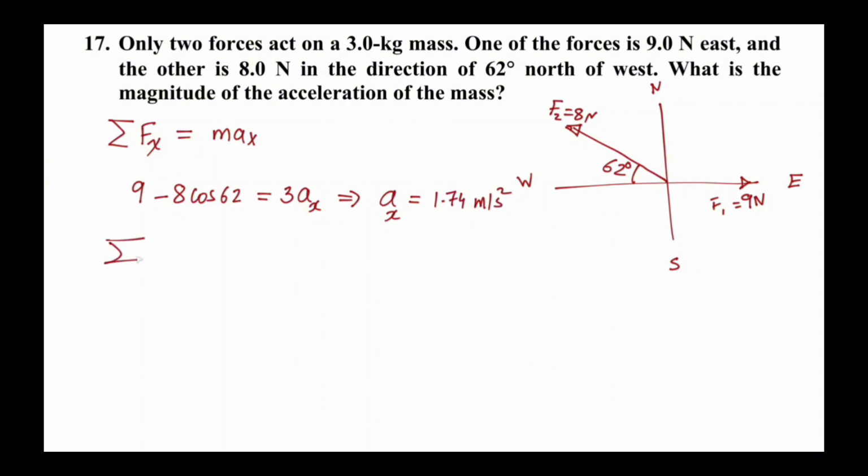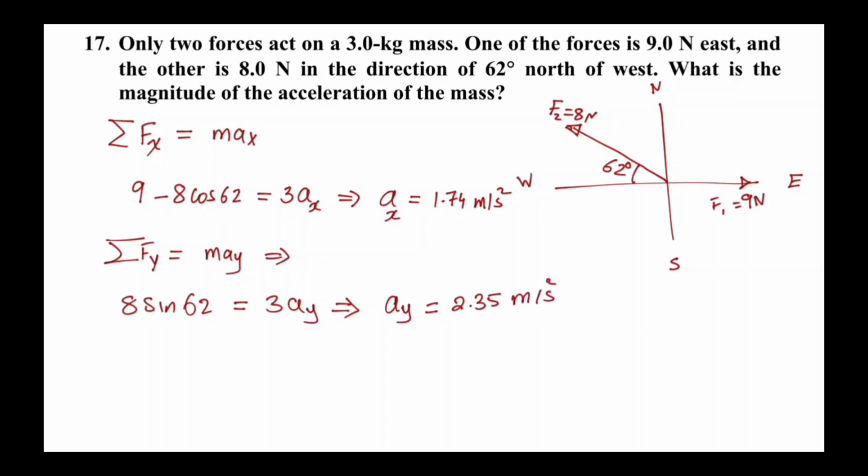Now the sum of all forces on y equals may, and in this case, on y there is no F1 component, so the only component we have is F2, which is 8 sine 62. So 8 sine 62, no F1 component, equals 3ay. You simplify this and you will find ay equals 2.35 meters per second squared.